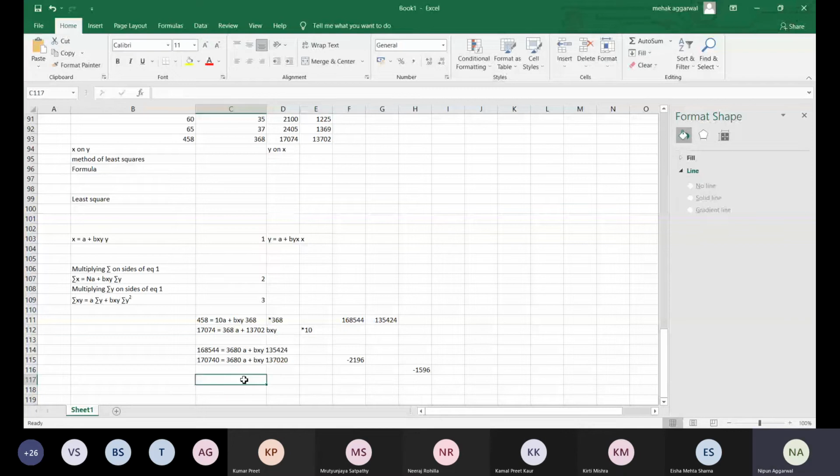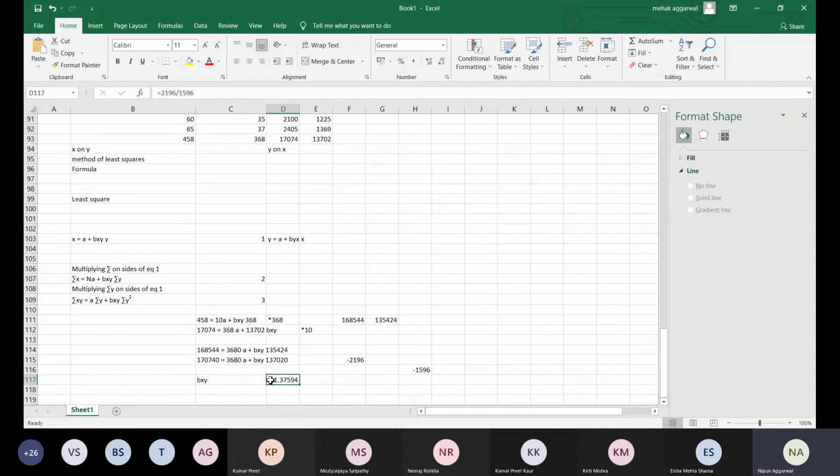So your value of bxy stands as, what will be the value? 2196 divided by 1596 comes out to be 1.375.